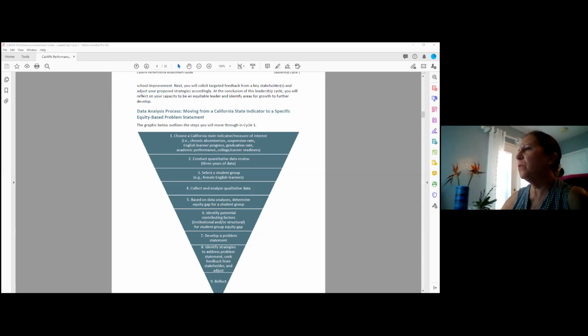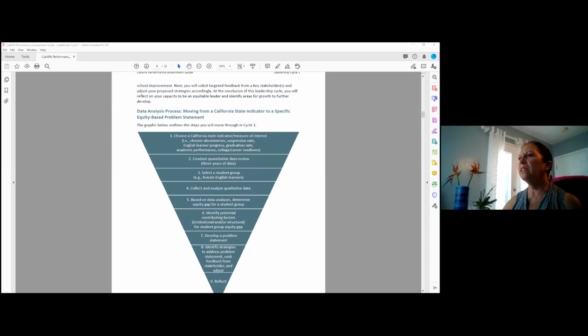And of course, these are provided for each candidate at the Department of Ed website, but they include chronic absenteeism, suspension rate, English learner progress, graduation rate, academic performance, and then college and/or career readiness. They will choose one of these indicators to take a closer look at.